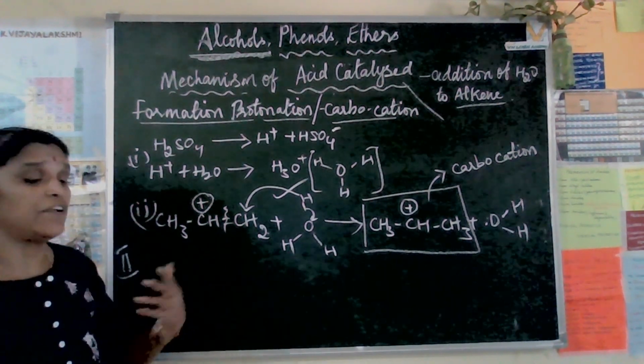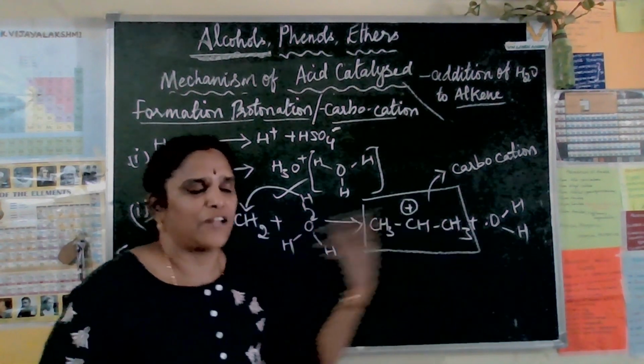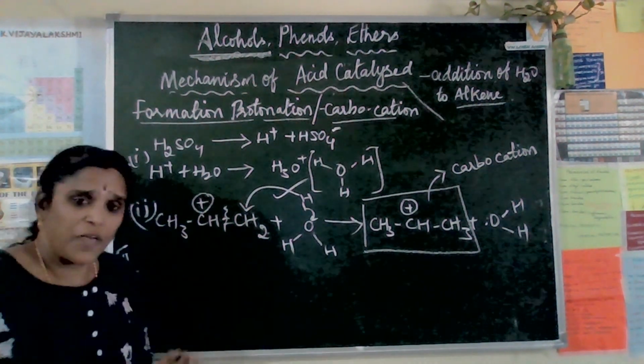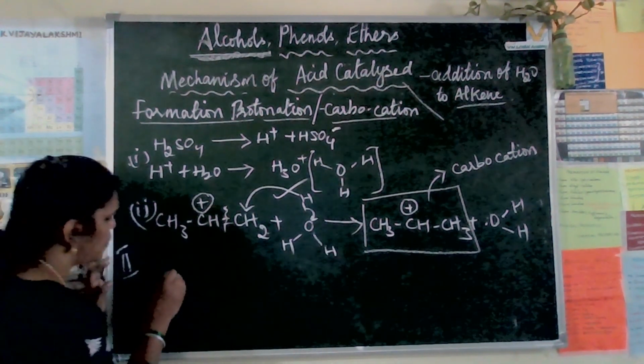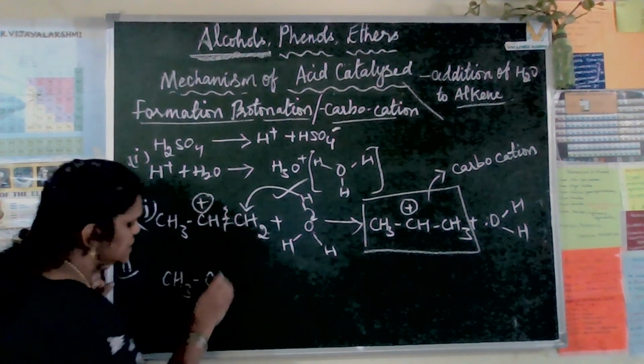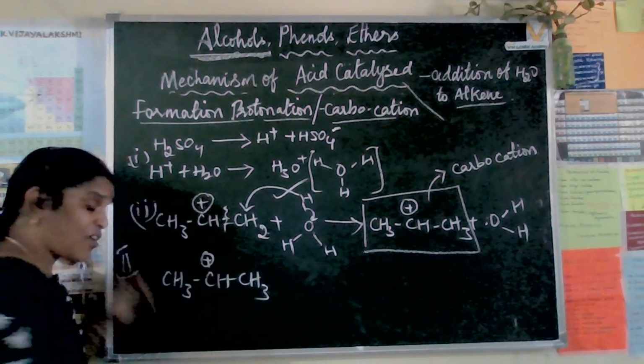Attack by the nucleophile. Water only acts as a nucleophile. Though it is water with only a weak negative charge, still it acts as a nucleophile. Carbocation, so CH3 CH, here positive charge, CH3, here carbocation.